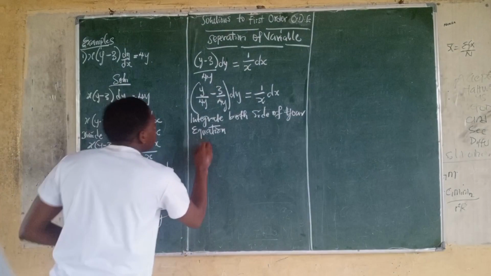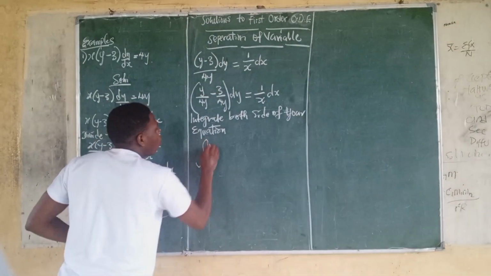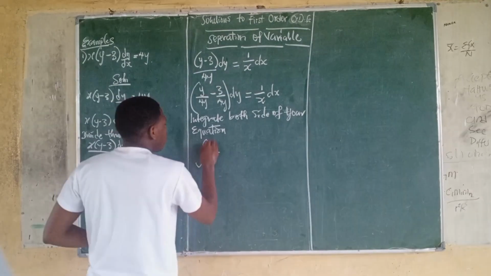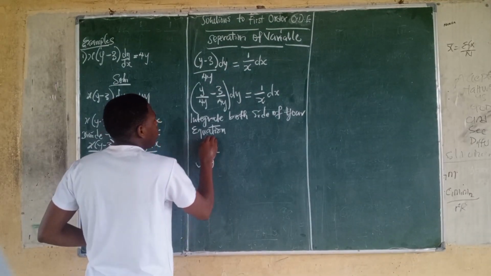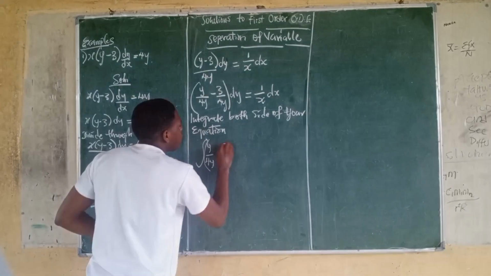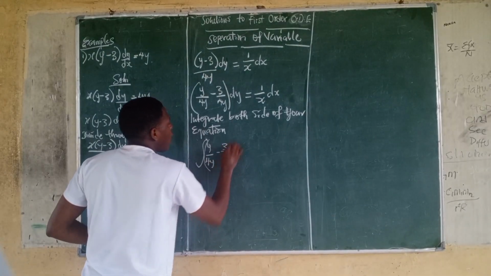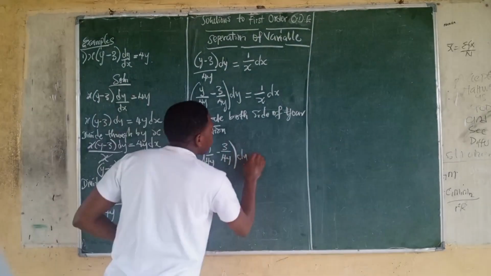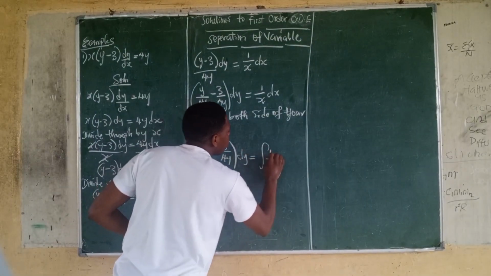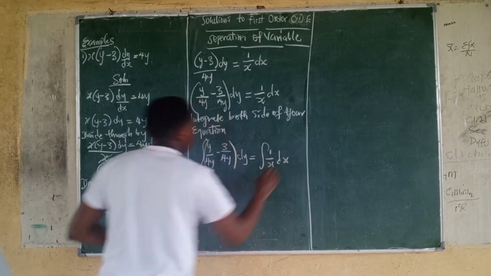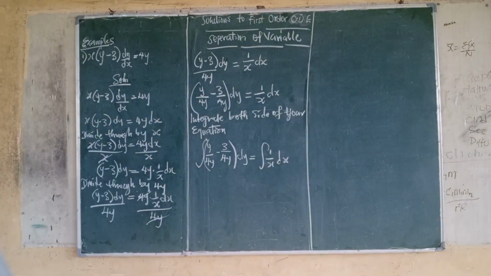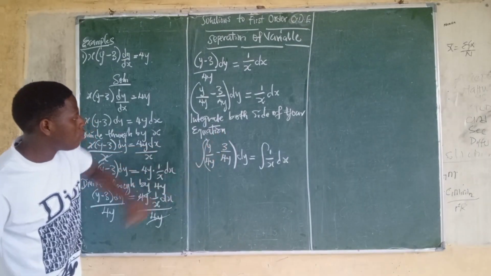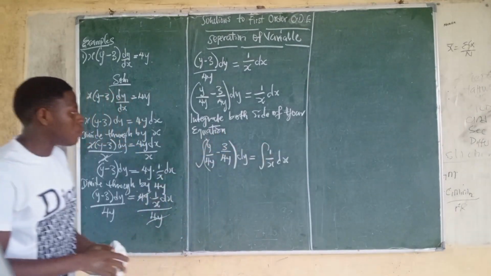So this should be the integral of y/(4y) minus 3/(4y) dy, and this is equal to the integral of 1/x dx. So we can integrate this, and we are integrating this also.